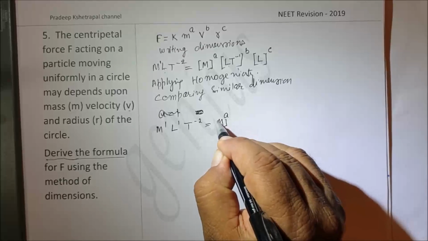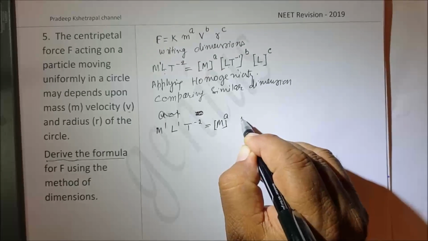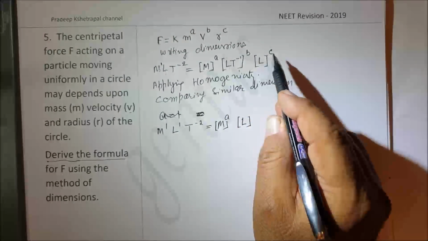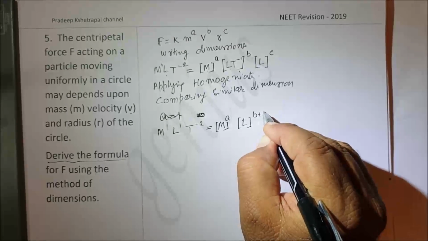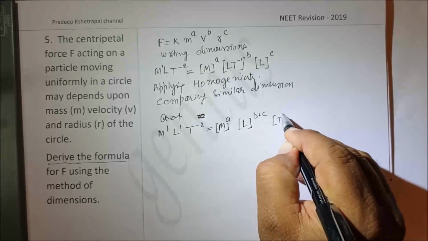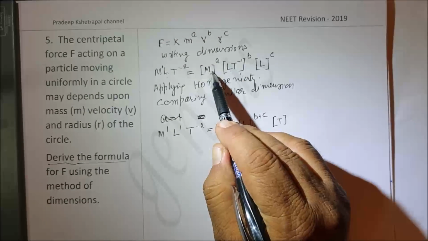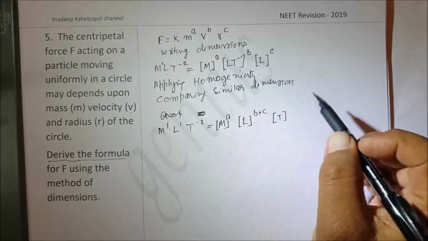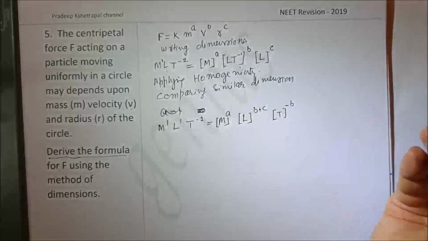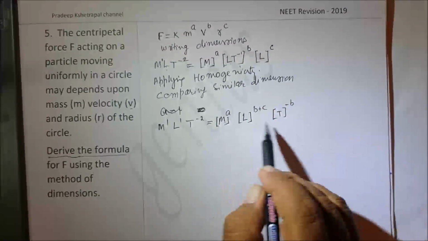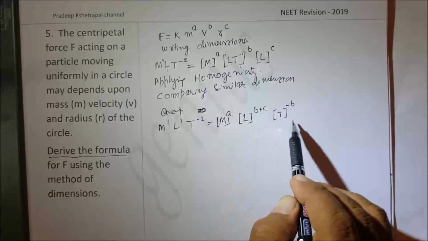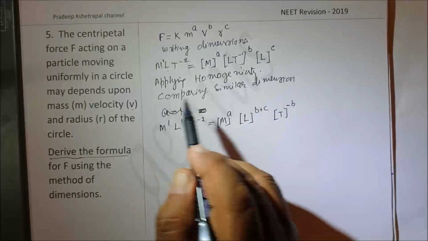Now we write L to the power b and c, so this is b plus c. Now T to the power, there is no T here, it is minus 1 into b, so that is minus b, and here it is not there, so this is complete. M, L, T all have been taken here. Now it is the time to compare.